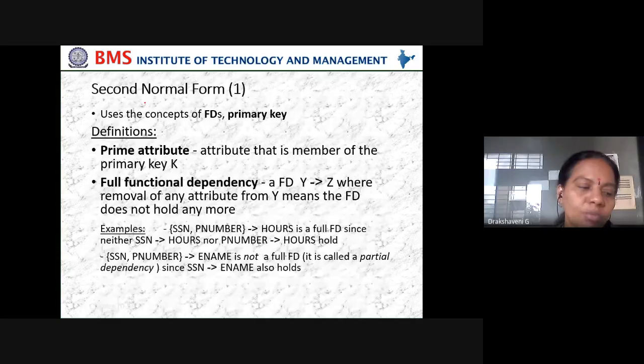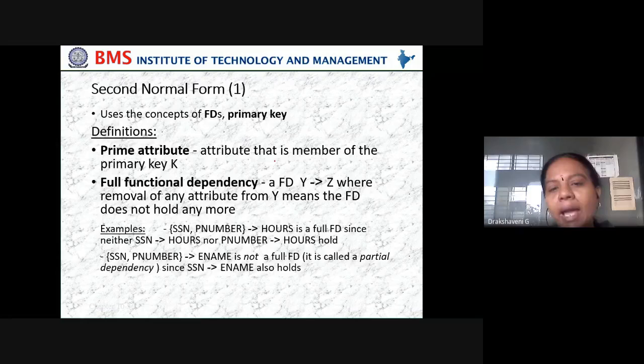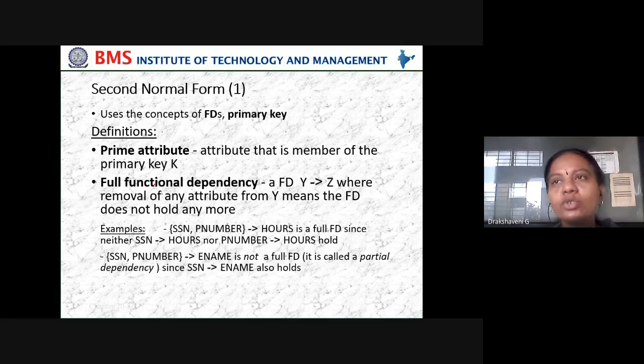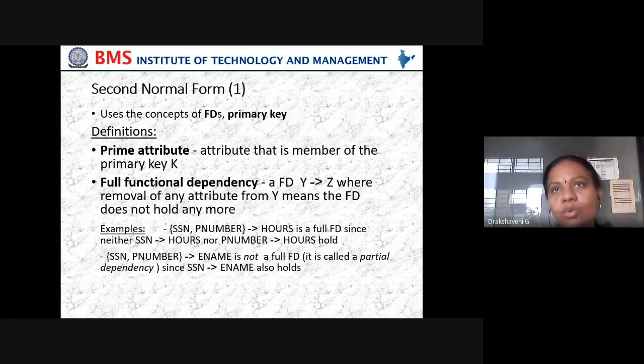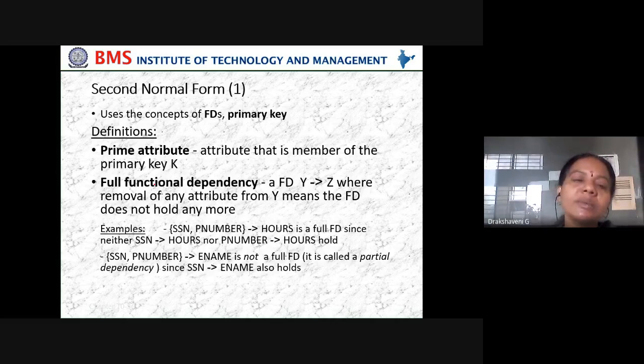What does the second normal form say to us? The second normal form says to use the concept of functional dependency or primary key. That is prime attribute, full functional dependency. What do we mean by prime attribute? An attribute that is a member of the primary key. So now your USN and your name, I have made these 2 as candidate keys. Out of these two candidate keys, I will take your USN as the primary key.